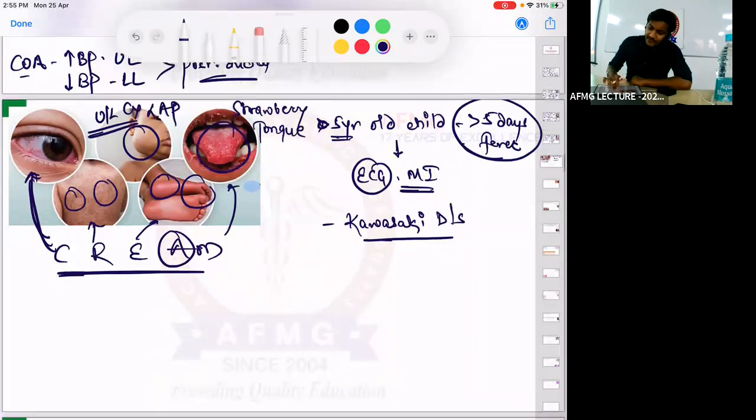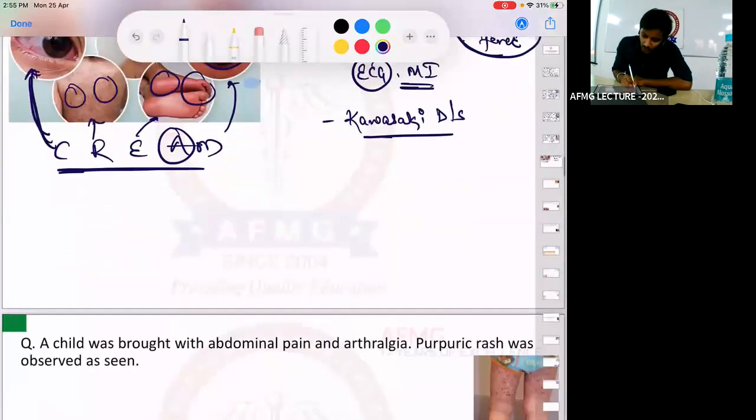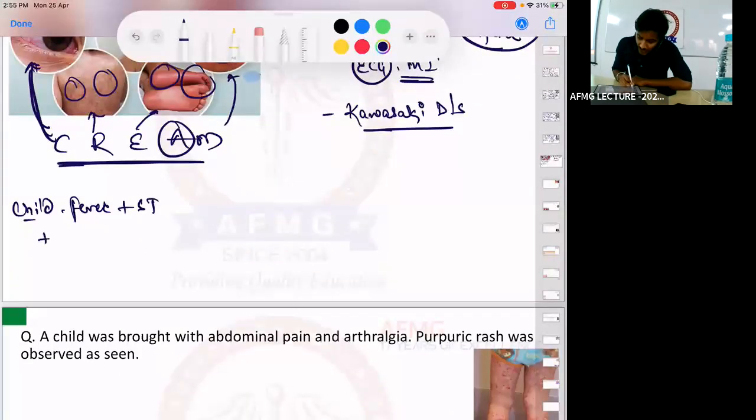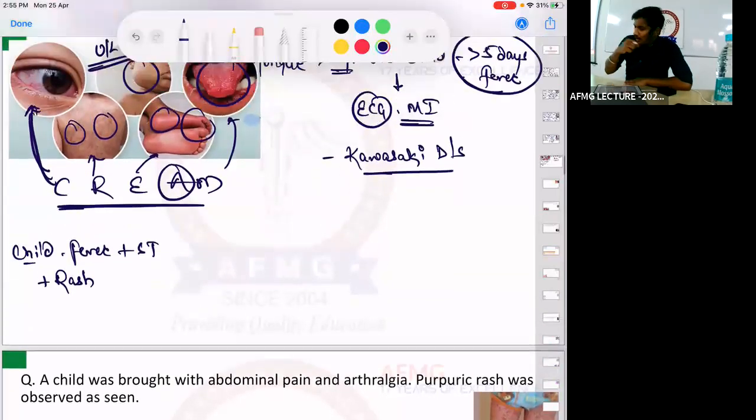So again, I will have the same scenario. A small child presenting to you with fever along with strawberry tongue. Apart from that, the child also has rash on flexural areas. There are Pastia lines which are seen, right? But is the lymphadenopathy unilateral or bilateral? Bilateral cervical lymphadenopathy.